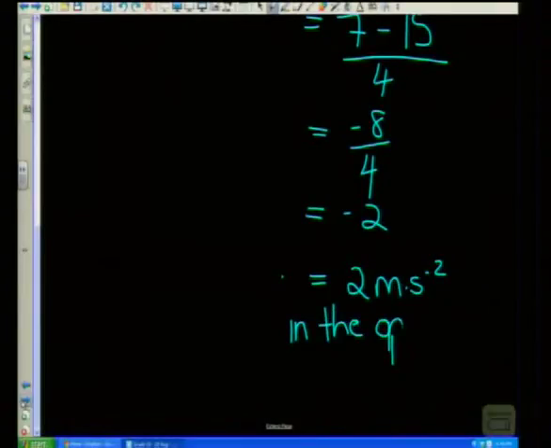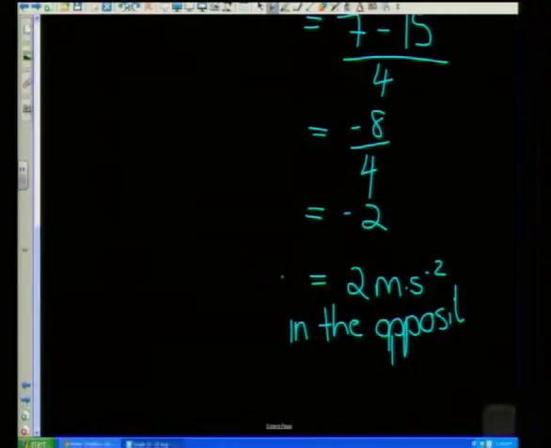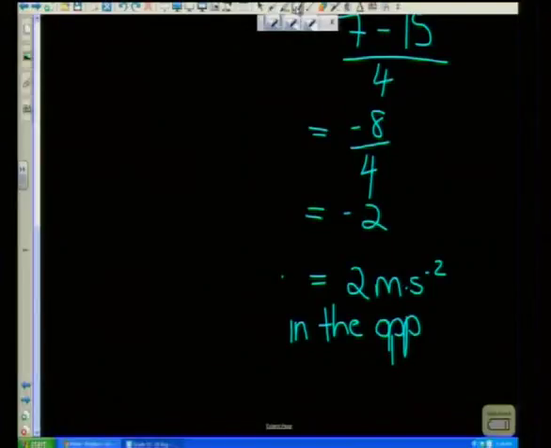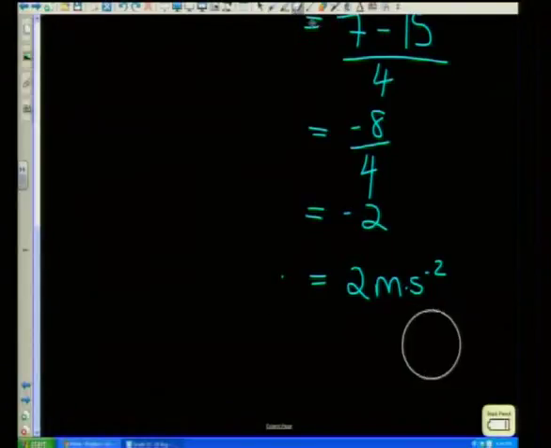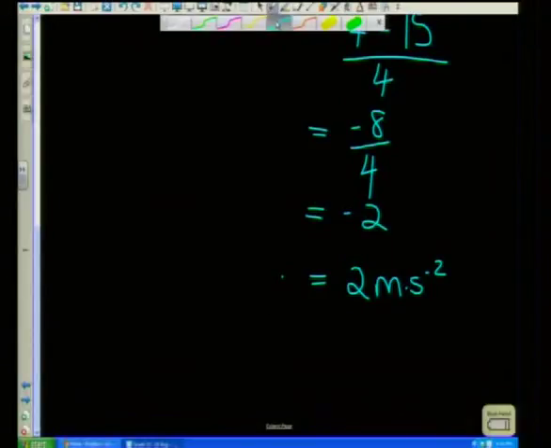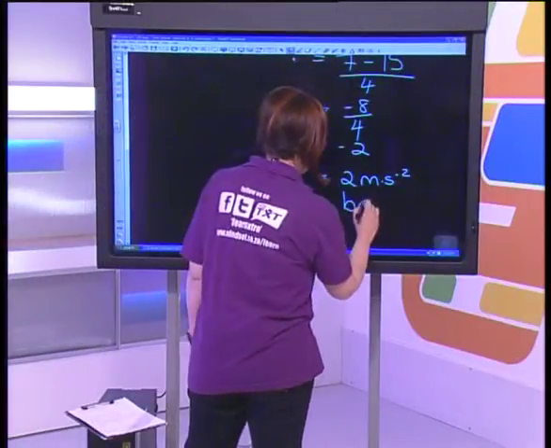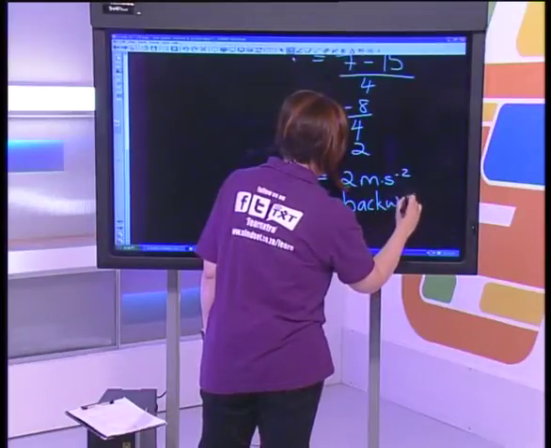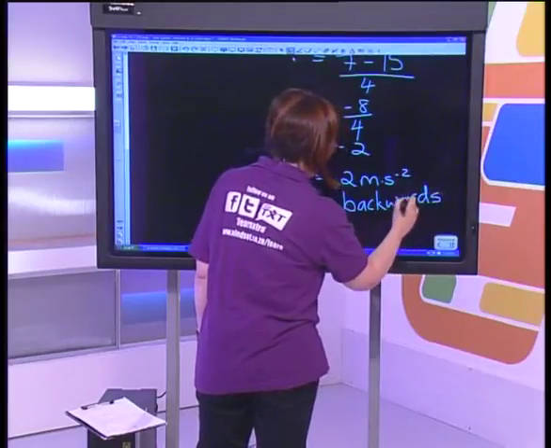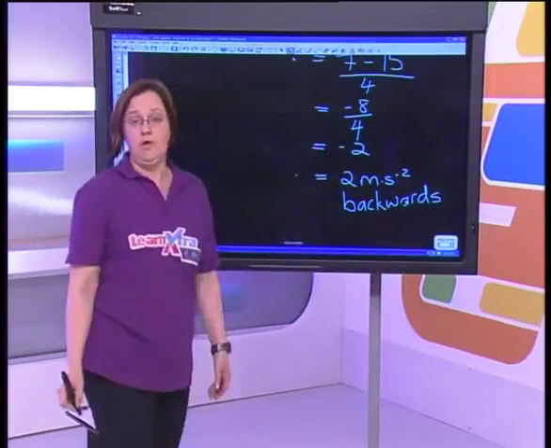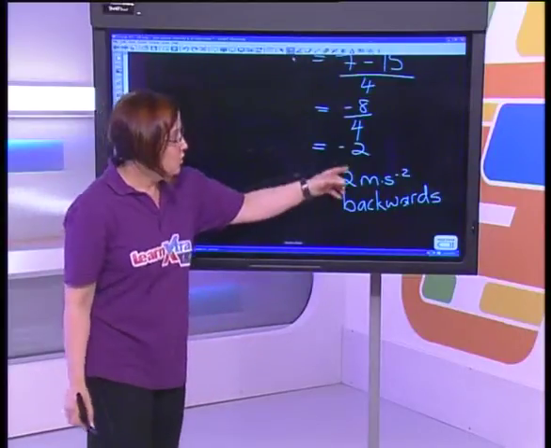In the opposite, actually no, there's a shorter way to write that now that I'm thinking about it. We could say in the opposite direction to the bus's motion, but man, that gets a bit long. Let's not do that. 2 meters per second squared backwards, because the bus is going forwards, I hope. Very, very important.